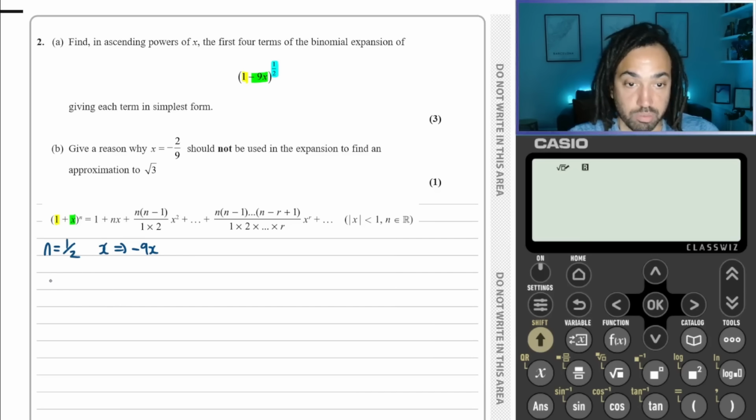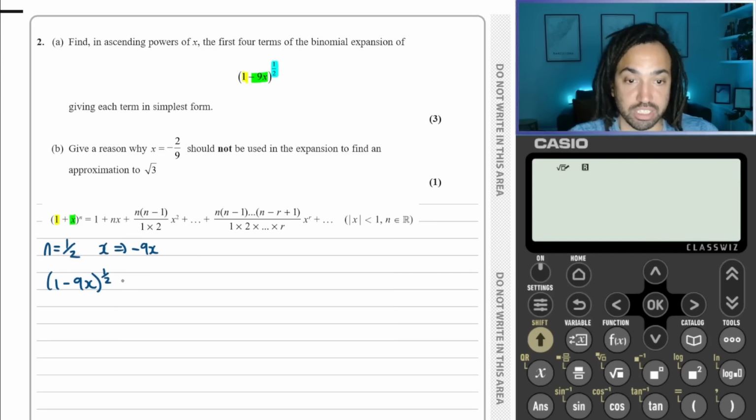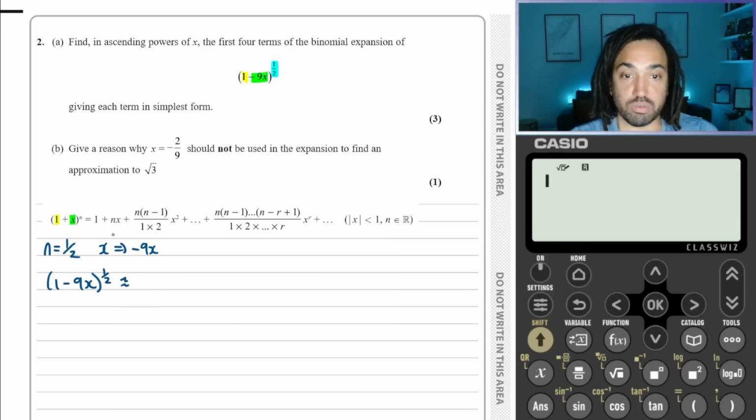So we start off with, I can say that 1 minus 9x to the power of a half is equal to, or in fact, technically I should say approximately equal to, because we're not going to give all the terms, we're just going to give the first 4. So the first term here is 1, yep, good. The next one is n times x.